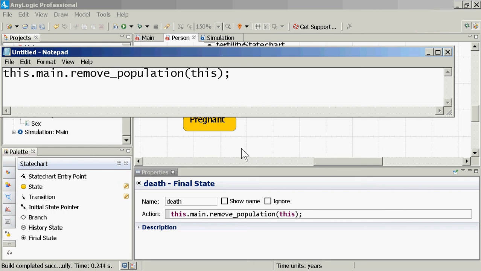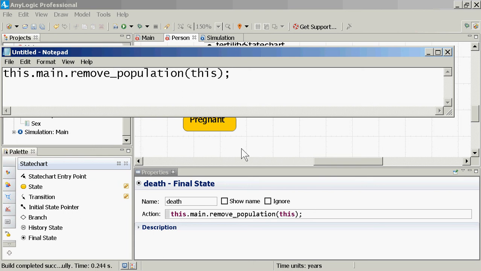People go to it; they don't come out of it, so it might be helpful to communicate visually that this is a final exit from the model. But you could do it perfectly well with an event within person. Those would both be acceptable ways.